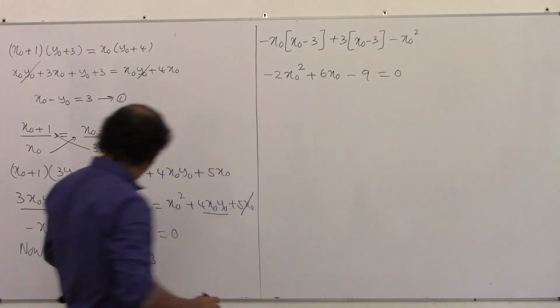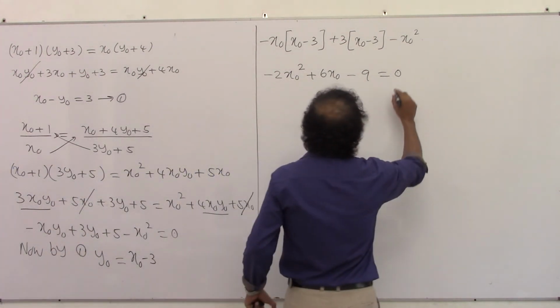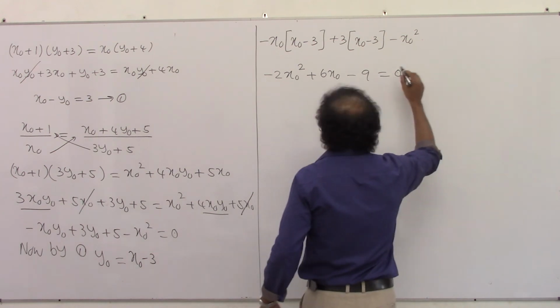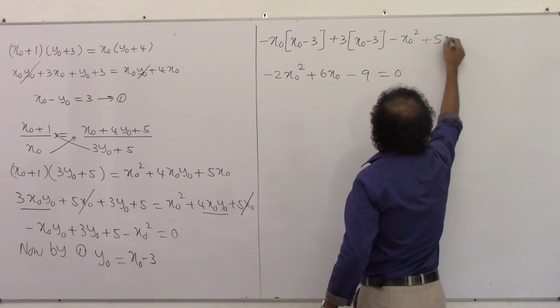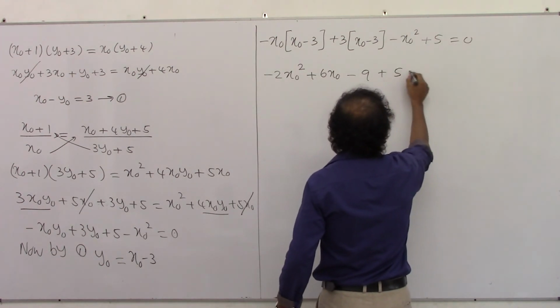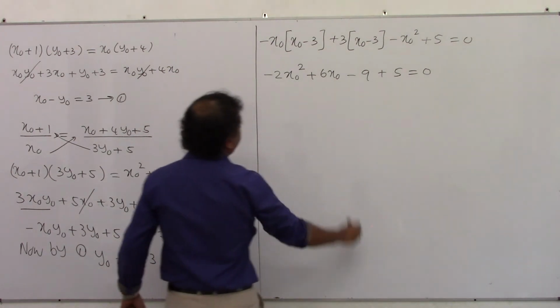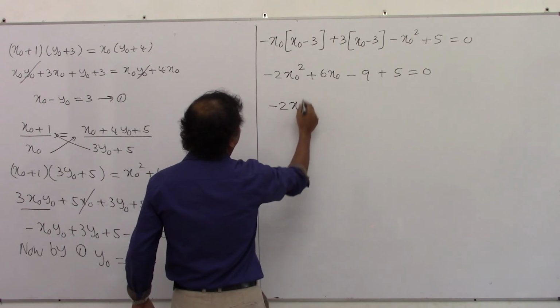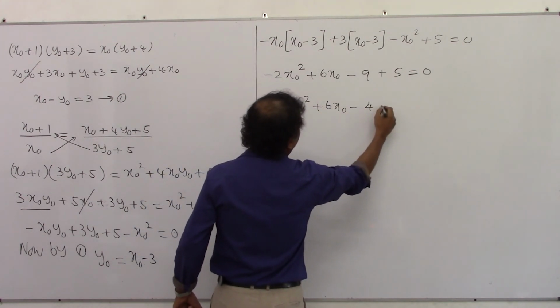But people, this 5, of course, not there, I must write that 5, no? Right, that 5 is there, plus 5 equals 0. So we get minus 2x naught squared plus 6x naught minus 4 equals 0.